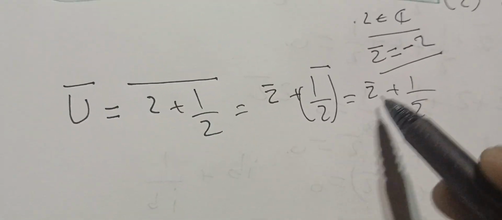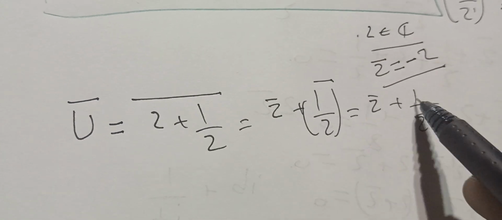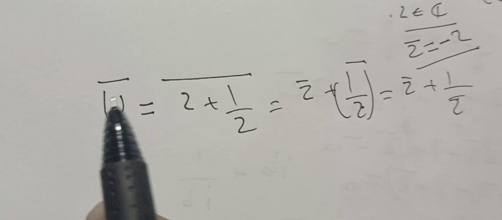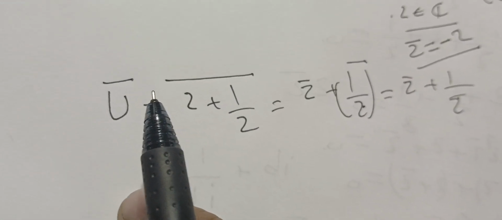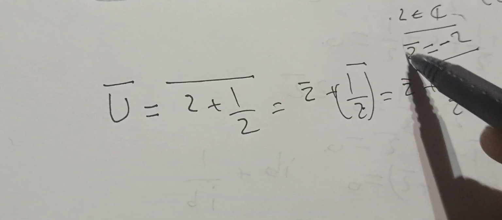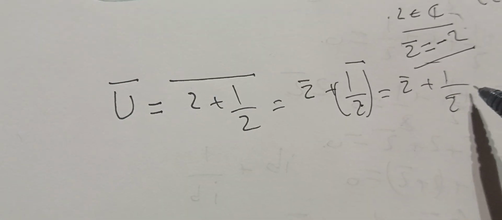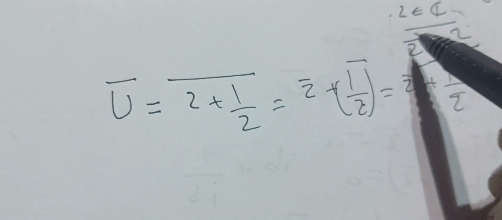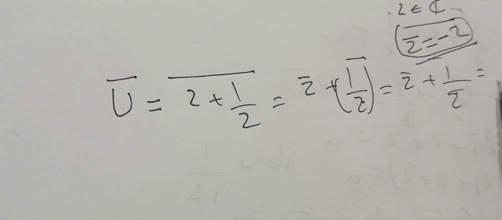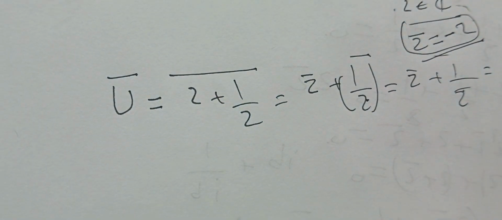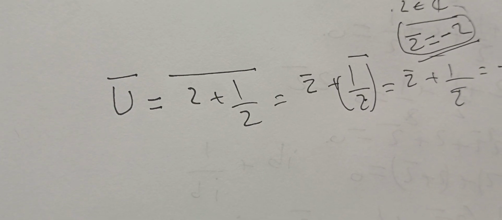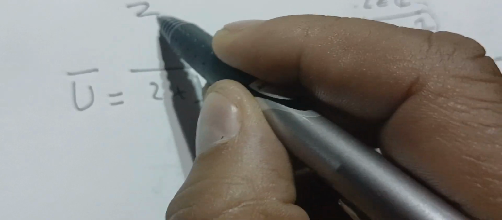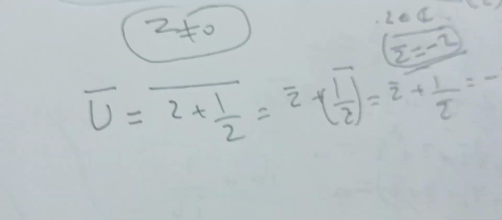That's what we're going to use here. The conjugate of 1 is 1, and the conjugate of z bar is z. So this u bar, according to here, must equal minus u, which is minus z minus 1 over z. We are assuming that z is different from 0.